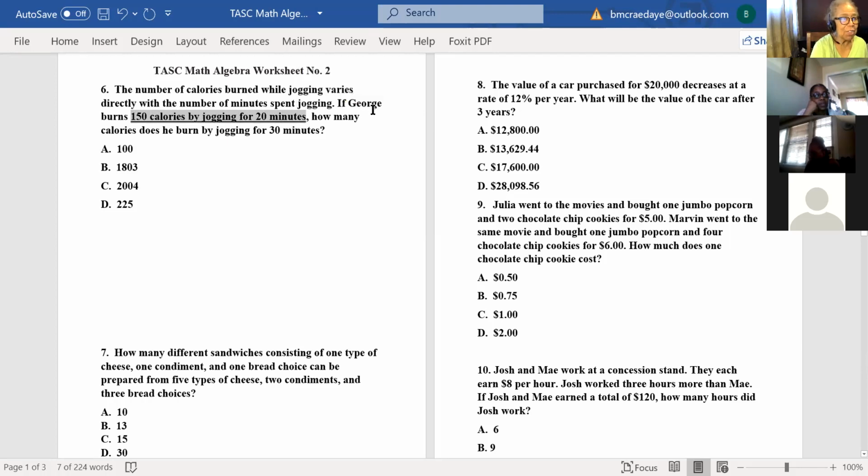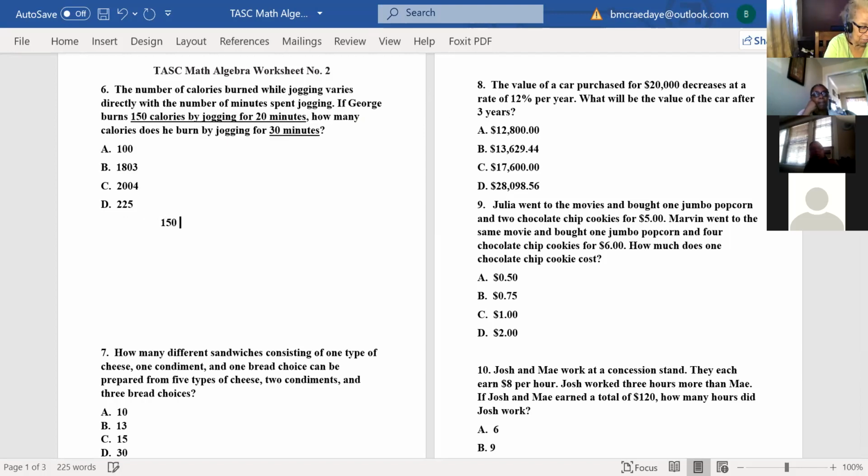That's the first ratio. Now you're looking for how many calories for 30 minutes, times X. So we put 150 over 20, you mean? Yes, over 20.